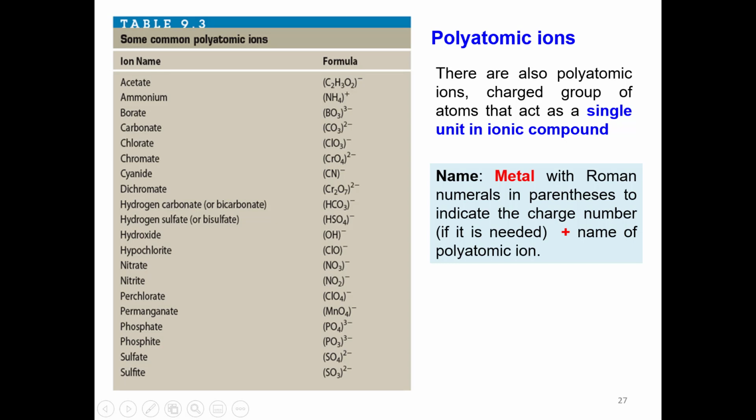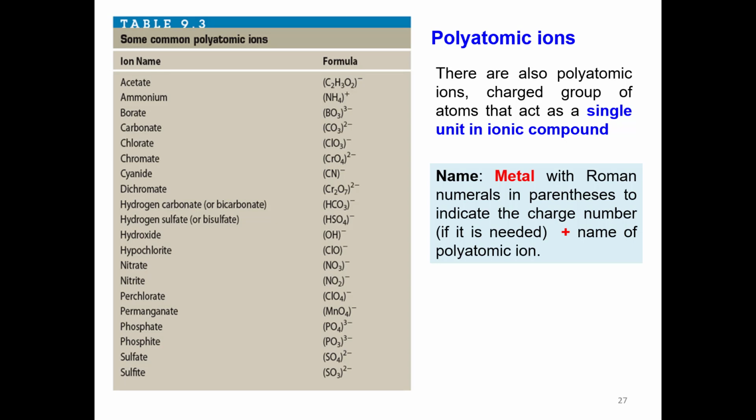Only ammonium is +1 in this case, so it will be like the metal part. And we have a list of all these polyatomic ions. Then how do we write the name if a polyatomic ion is in the compound? First we write the metal with a Roman number in parentheses to indicate the charge if it's needed.